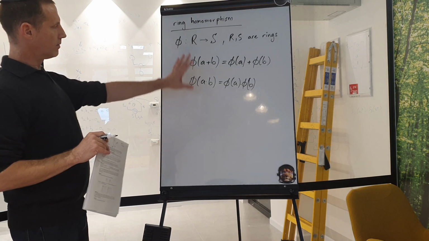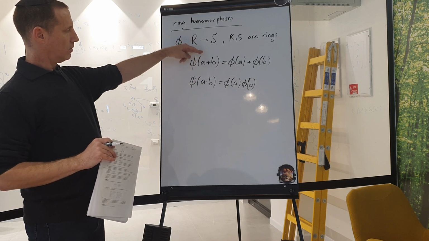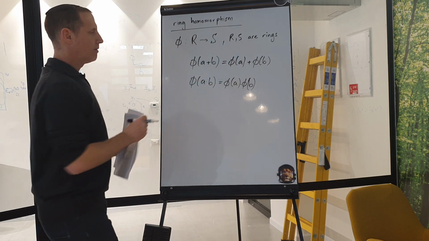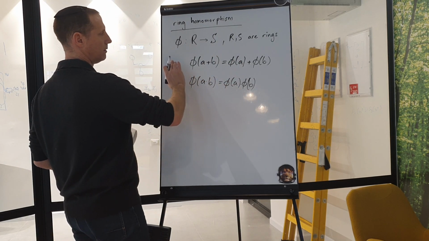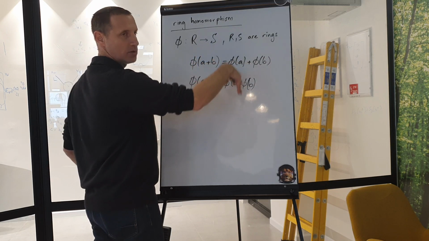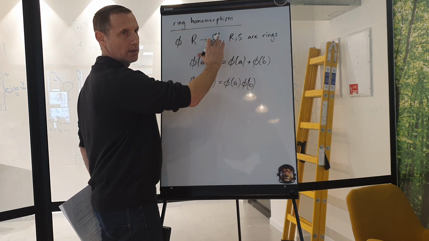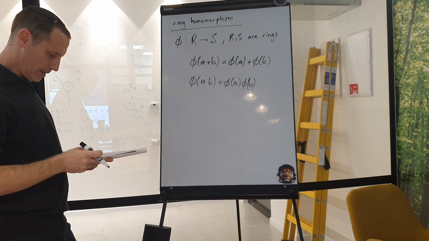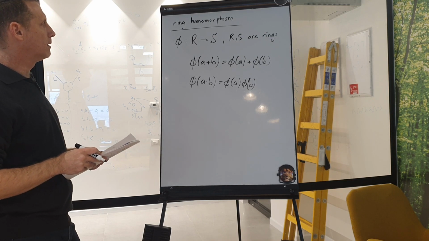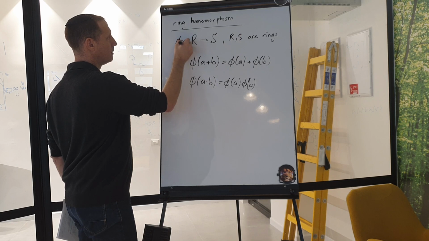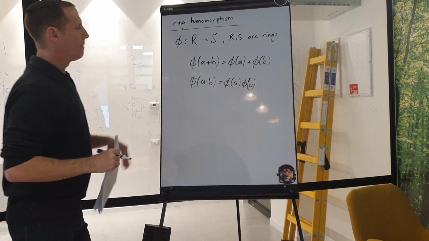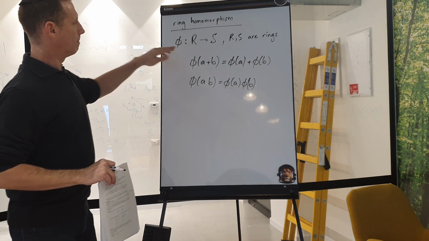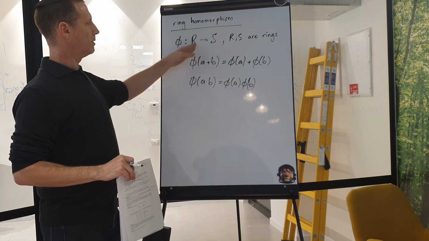So that means if you look at the left side, it says do the addition or multiplication on R and then map. The right side says map and then do the multiplication or addition on S. And you get the same result. Now, when that happens, and maybe you could do it as a home exercise, this is sufficient to preserve structure between these rings.